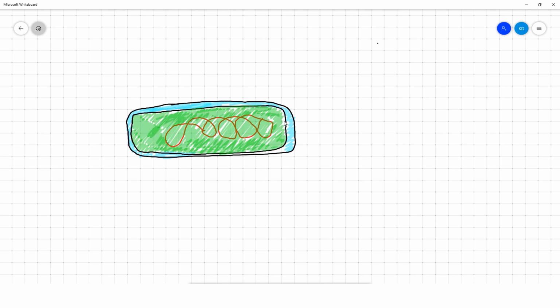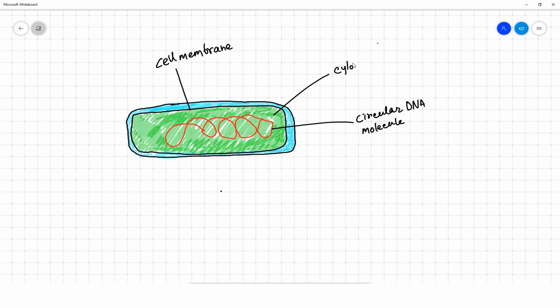We have this green color and the sky blue color. Now I'm going to point out the cell membrane. We all know the cell membrane, and this is the cellular DNA. Okay, DNA molecules. DNA full form is deoxyribonucleic acid. Always remember this. Cytoplasm, and this is cell wall.